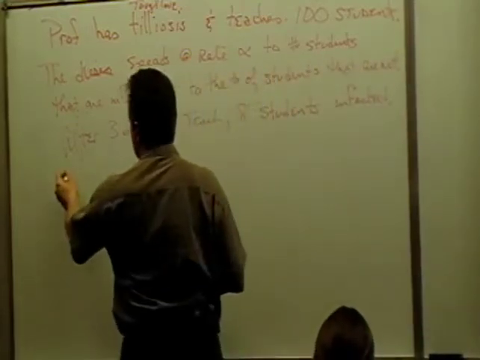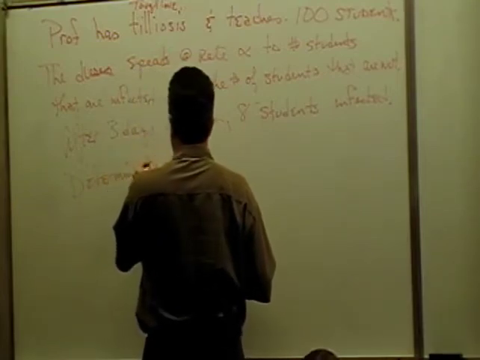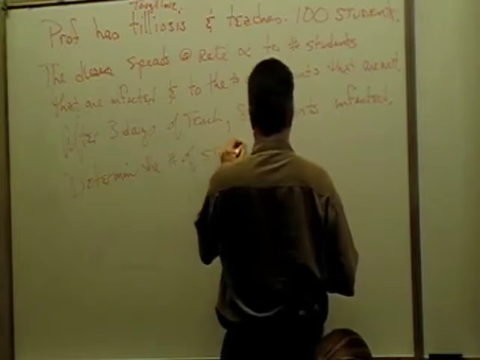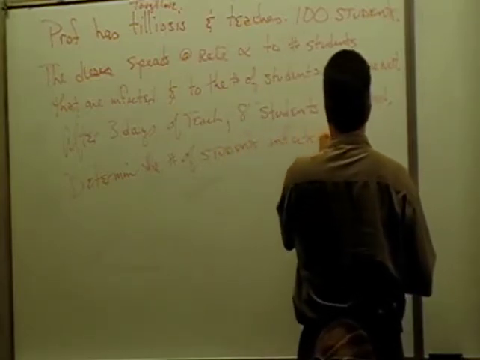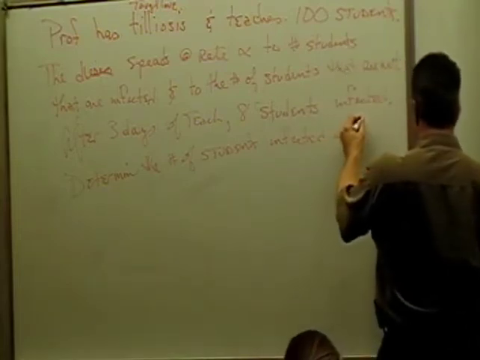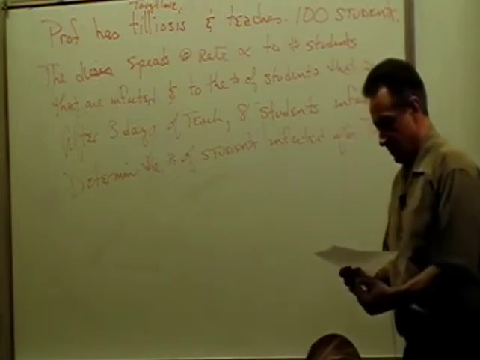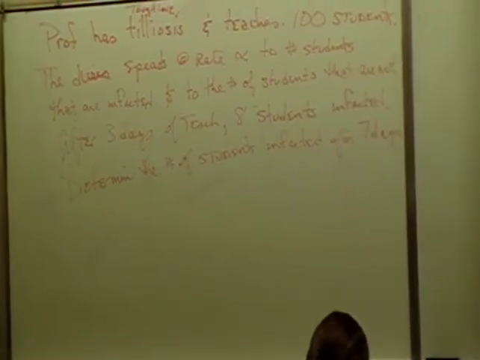I want to determine the number of students infected after 1 week of teaching, 7 days. And obviously I'm assuming that none of these students drop the course. They get infected, they pass it on.